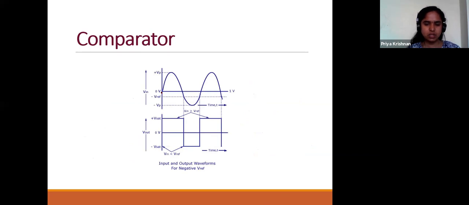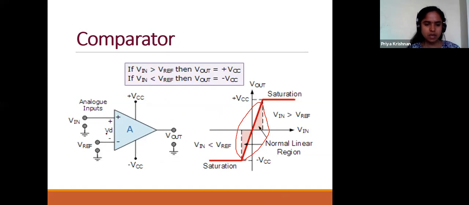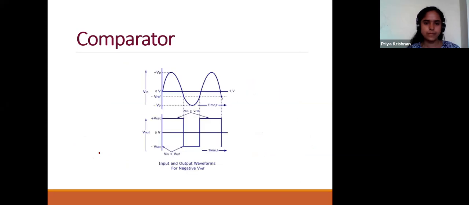So put a little concentration on this. This is my input signal, and this is my V reference. My V reference is negative. Why? Because I have applied it to the inverting terminal.